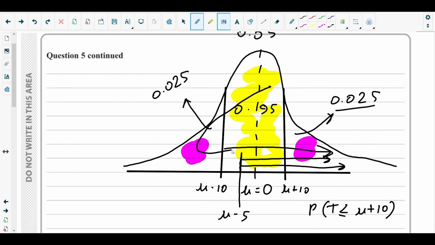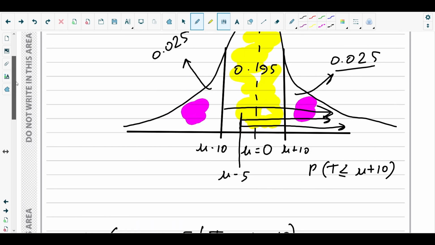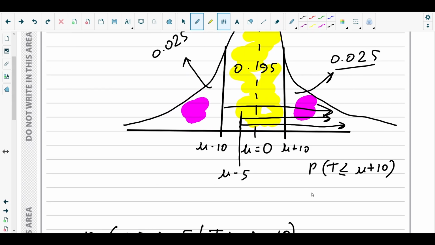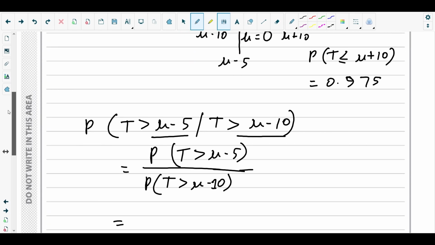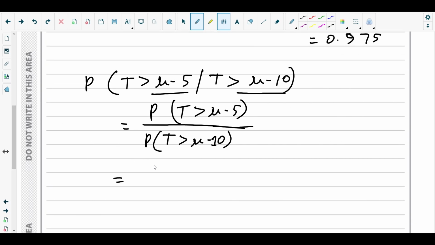So this is 1 minus 0.025, which is 0.975. Understand? So this probability is 0.975.